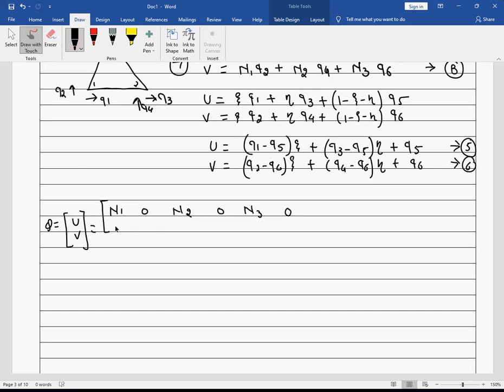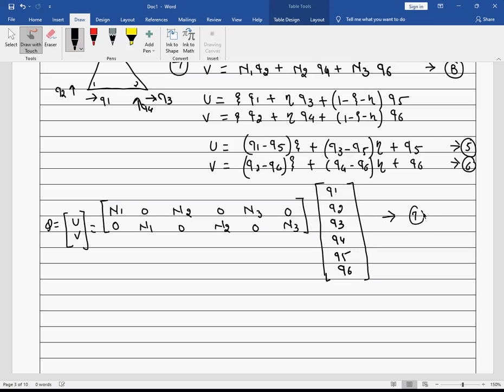Okay. So here I can write 0 N1 0 N2 0 N3. Okay, great. And I have all the vertical displacement Q1, Q2, Q3, Q4, Q5, Q6.